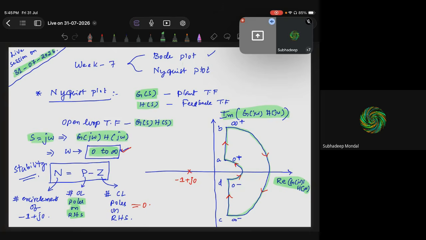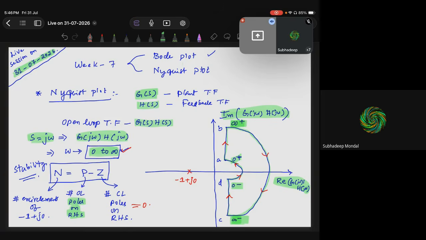That is our intention. But here on the Nyquist plot, we check all the values from minus infinity to plus infinity, everything. So basically, we start from 0 plus to infinity plus, then infinity plus to infinity minus, and back to 0 minus.